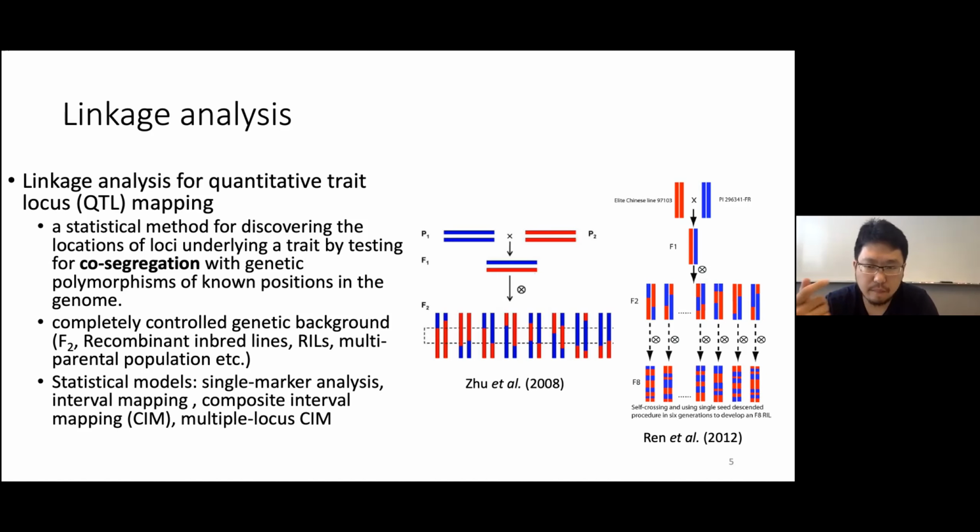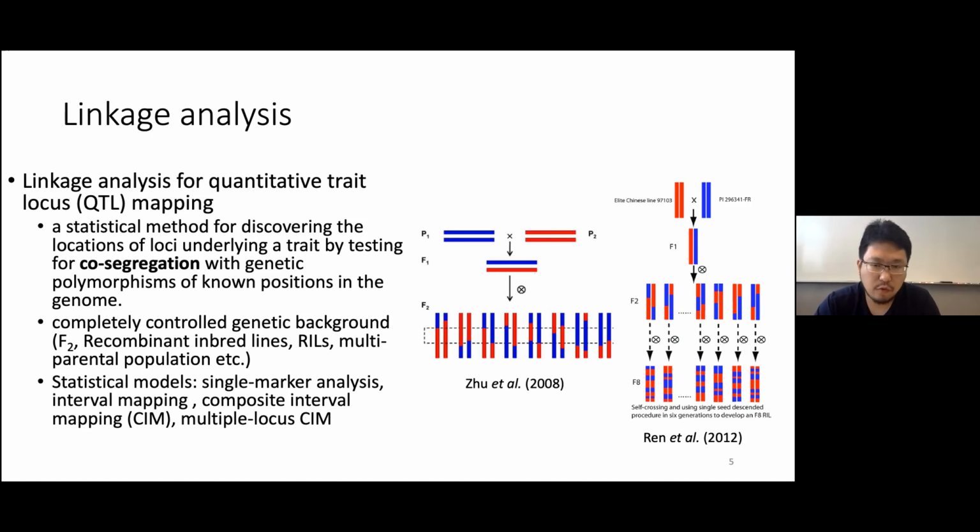Or you can self the F2 for several more generations. In this case, you will get RILs, or recombinant inbred lines. These types of populations are completely controlled genetic background populations.